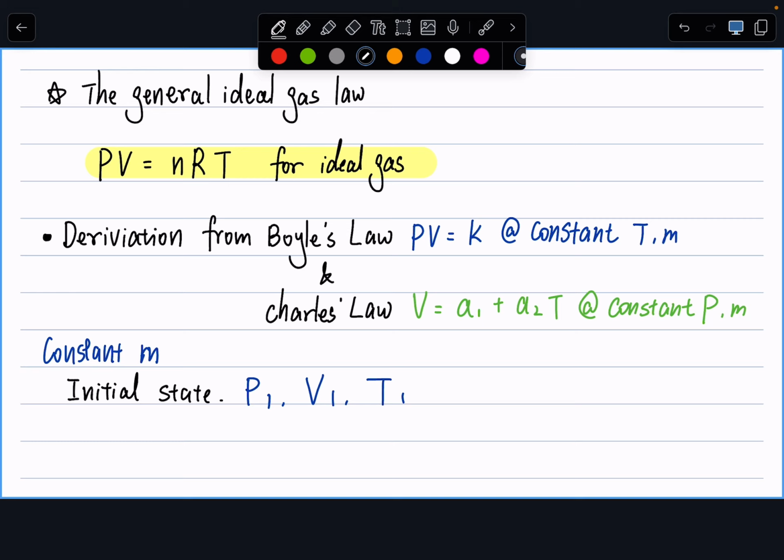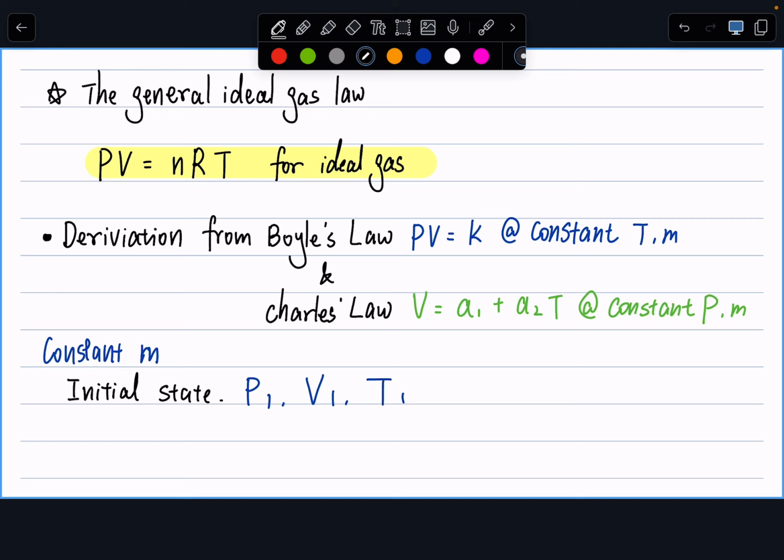And then changing from my intermediate state to my final state, we want to use our Charles law in step 2. In this case, we're keeping the pressure constant. So effectively, I can just replace this one to be P2 because it's going to be constant anyway.